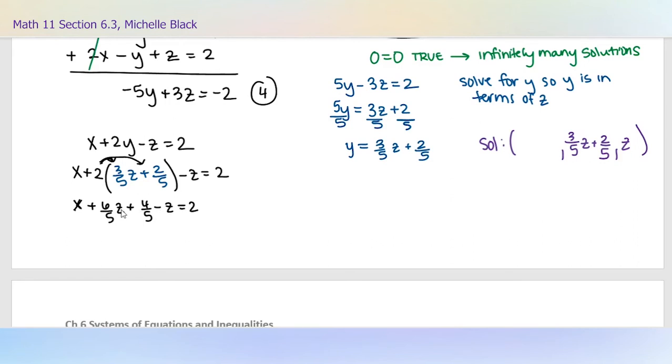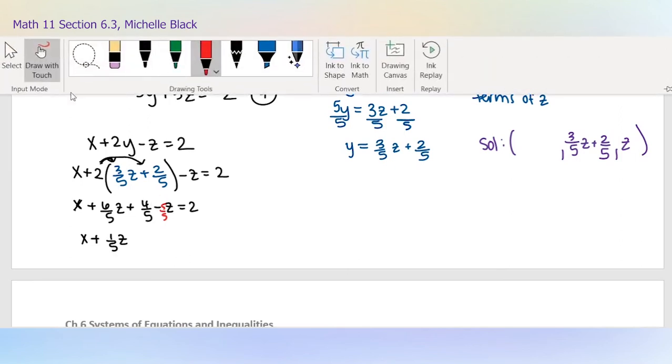Adding these z's together, 6/5 z minus 1z is the same as 6/5 z minus 5/5 z, right, if I get a common denominator here. So 6 minus 5 is going to leave 1. So I end up with 1/5 z. And I'm going to subtract this 4/5 over to the other side.